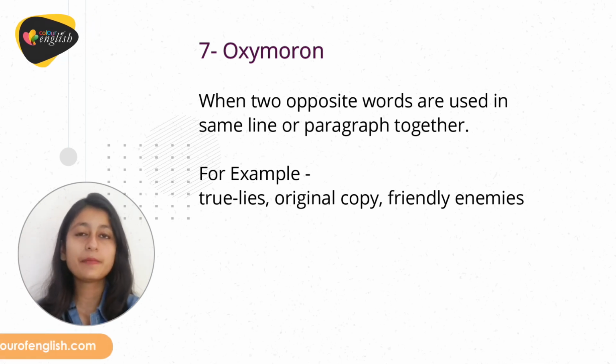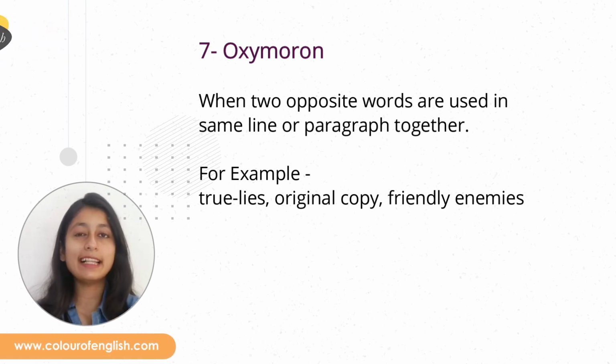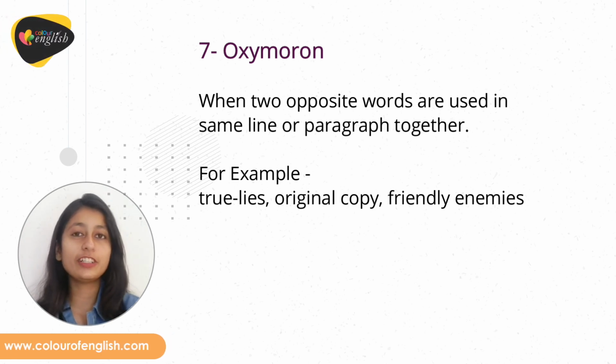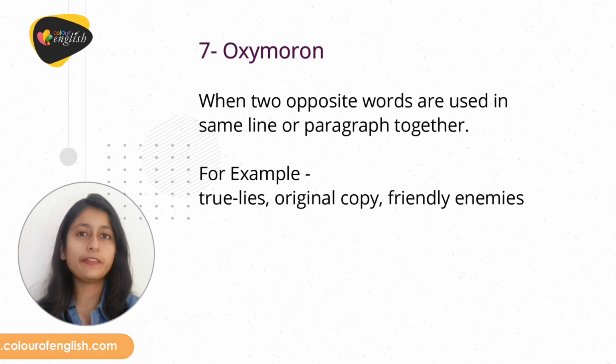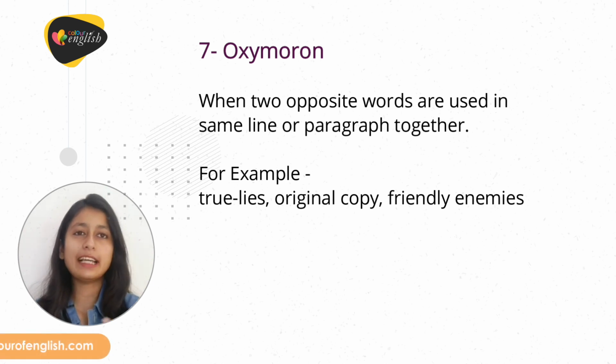For example, true lies. Here true and lie, they both are exactly opposite, but they are used together, true lies. Original copy. Original and copy, they are again two different meanings, but they are used together, original copy. Friendly enemies.